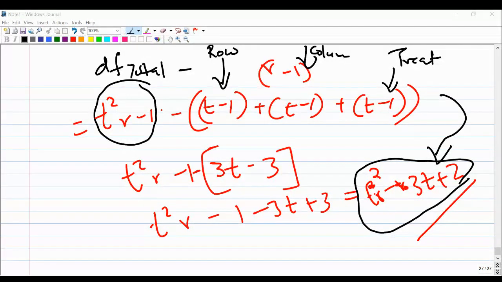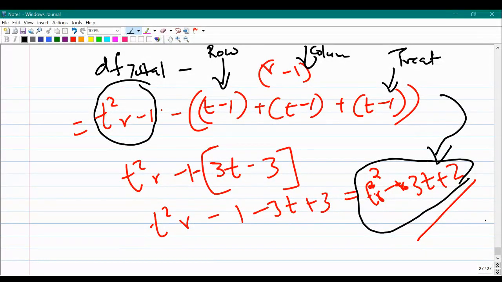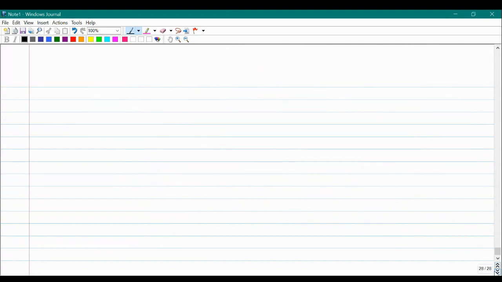So the next one that we'll be dealing with is the Graeco Latin Square design. The good thing about Latin Square designs is that it's not difficult to do the calculations. These designs are straightforward.